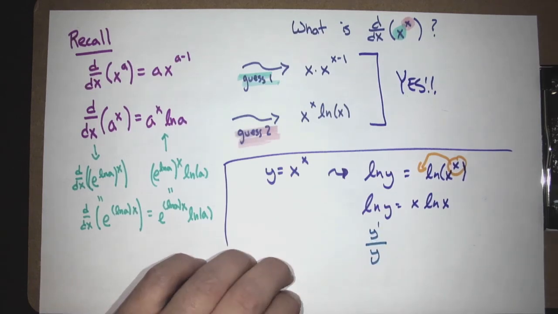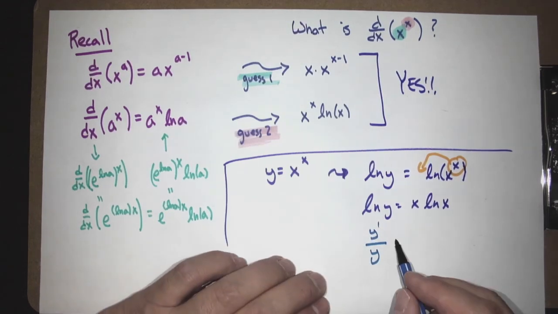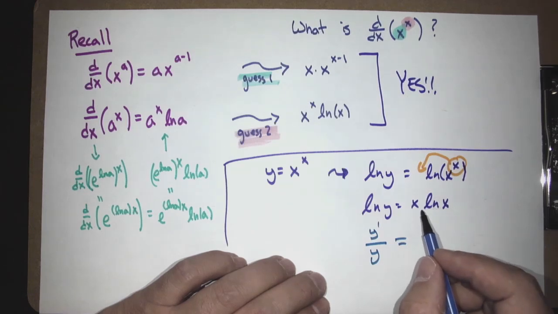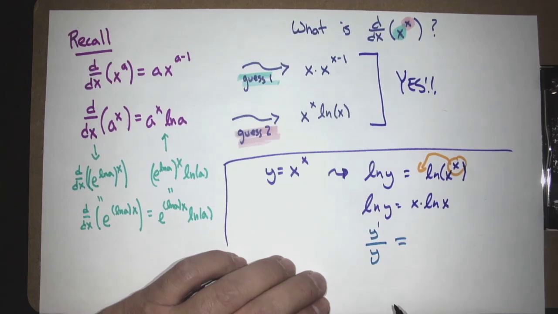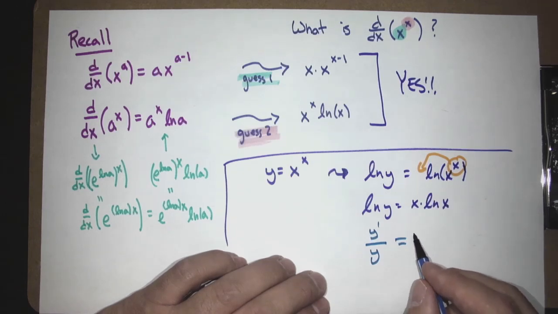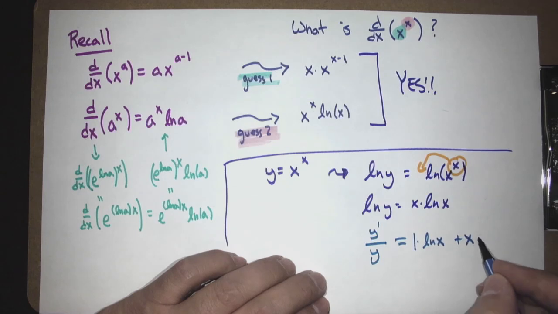The derivative of y, y prime. Equals, what rule do you need to use on this side? You'll need to do the product rule. Two things are multiplying. So derivative of the first times the second, plus the first times the derivative of the second.